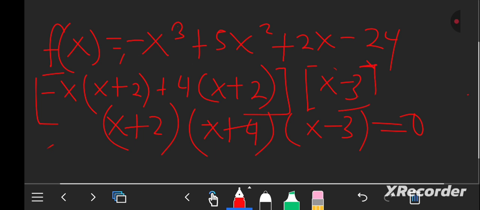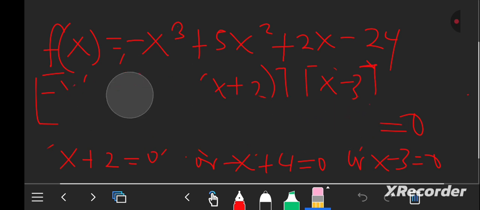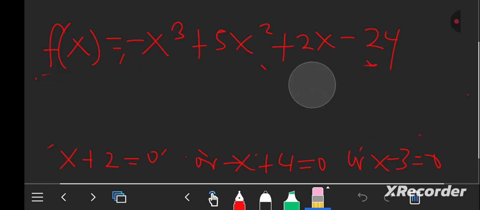So what we'll do, we are going to say x plus 2 is equal to 0, or negative x plus 4 is equal to 0, or x minus 3 is equal to 0. Let's now find the value of x. When x plus 2 is equated to 0, that will give us negative 2.